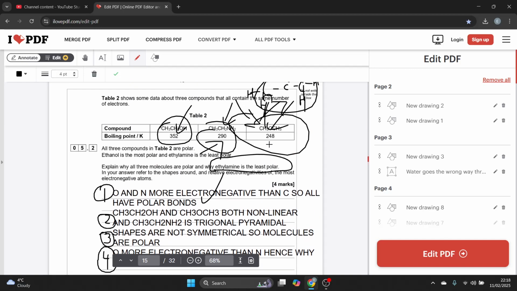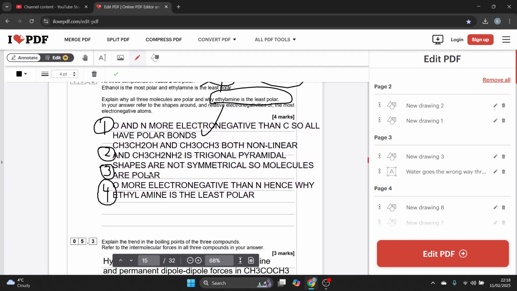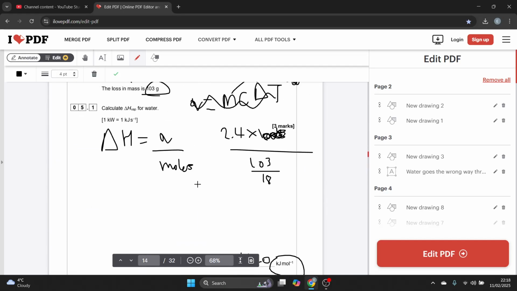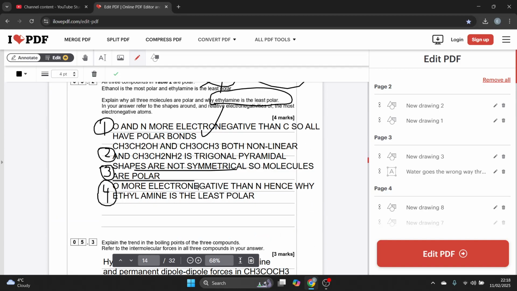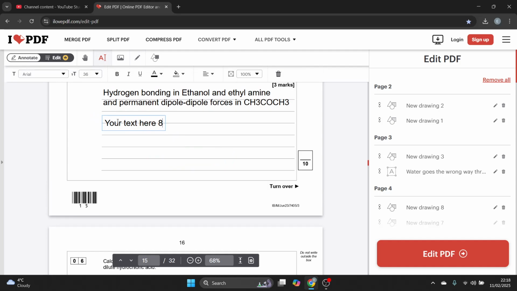But it also does have permanent dipole forces, because I know from part A of 5.2 that shapes are not symmetrical, so molecules are polar. So that's going to have permanent dipole forces. And obviously, the final thing is hydrogen bonding is stronger than other intermolecular forces.